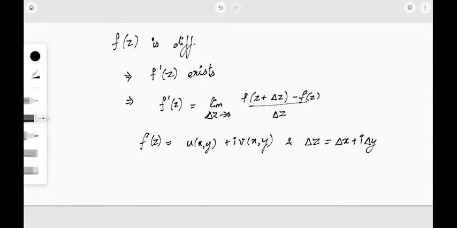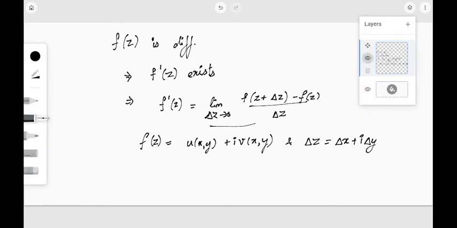Okay, now let's see what will happen to this particular equation. We will get f'(z) equal to the limit as delta z tends to 0, and instead of f(z + delta z) we replace it by u and v, and delta z should also be replaced by delta x and i delta y.